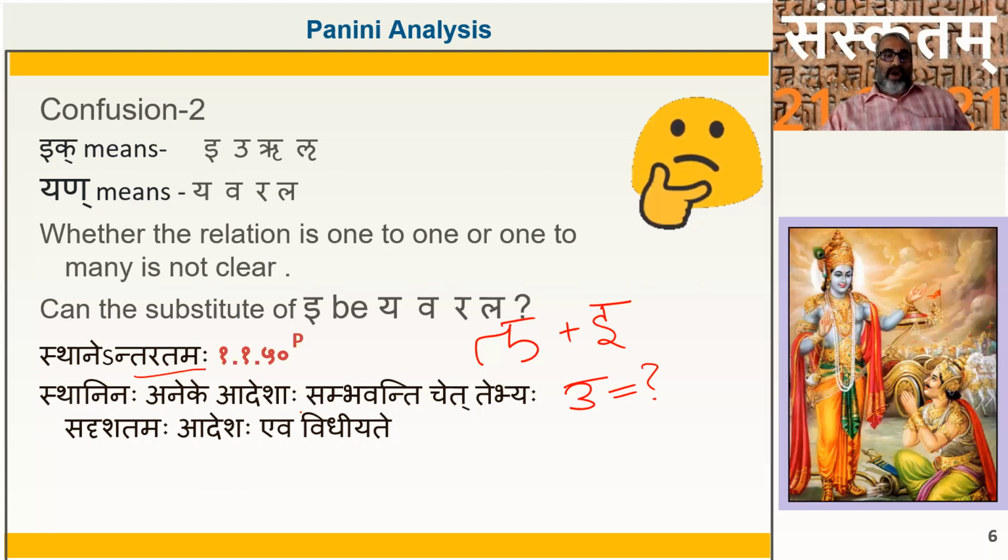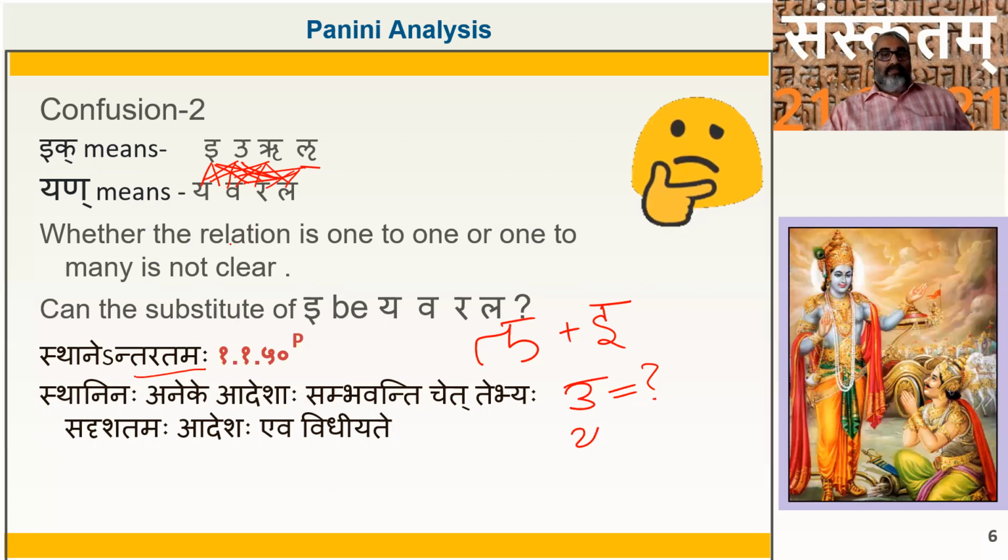When there is a one-to-many relationship, i can be ya, va, ra, or la, u can be ya, va, ra, la, ra can be ya, va, ra, la, and lu can be ya, va, ra, la. This is the confusion you get as a student of grammar.